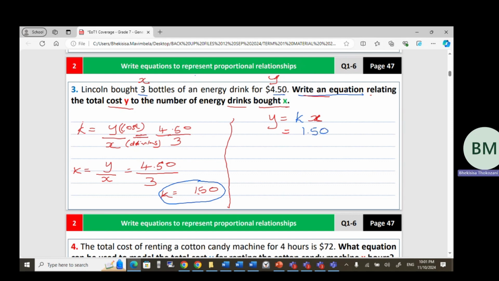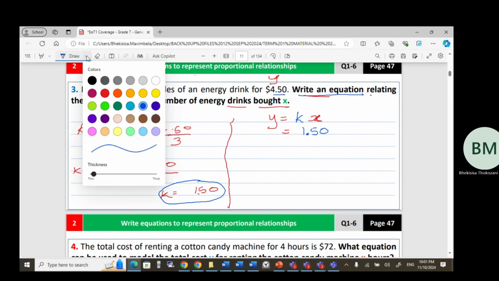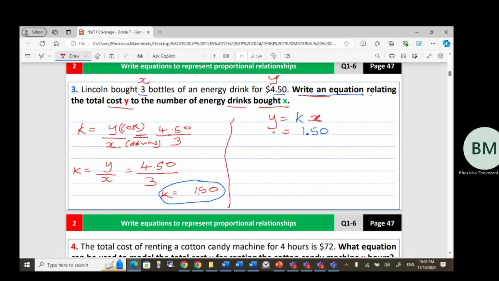You can even say 1.5. It's the same thing, guys. You don't worry about it. 150 or 1.5, it's the same thing. So now you can say now that y is equal to 150x. Now, this is your equation, right?